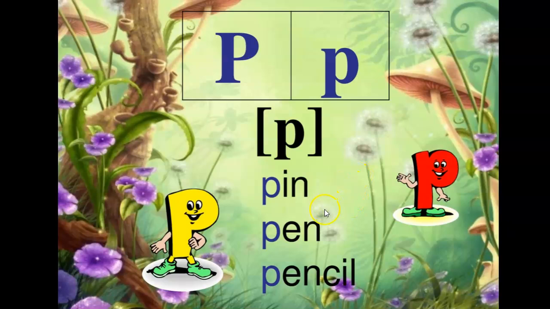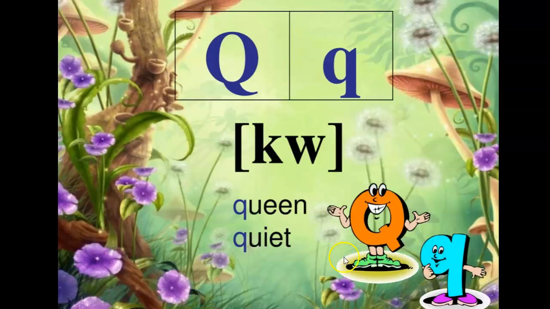P: pin, pen, and pencil. Q: queen and quiet, for example. It's a big letter and it's a small letter of the Q.